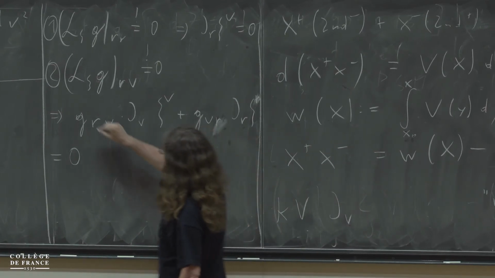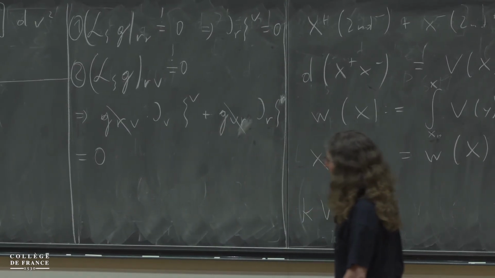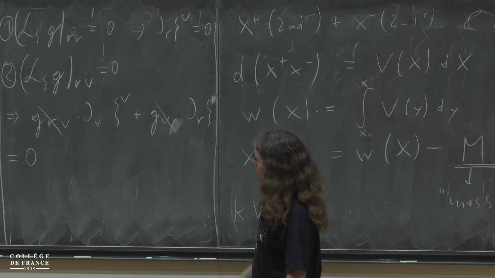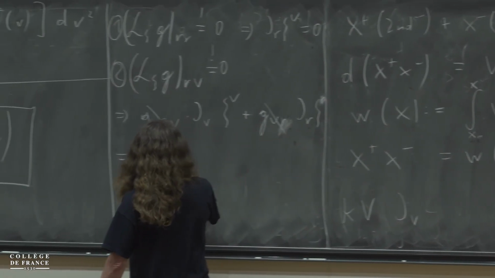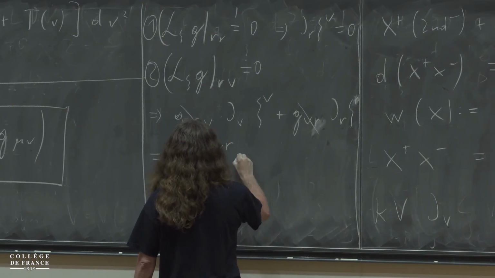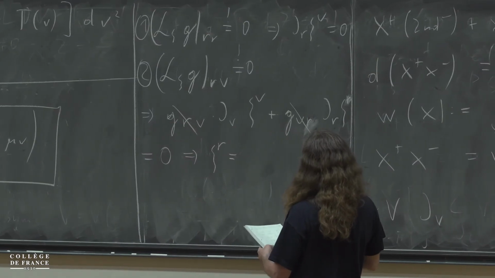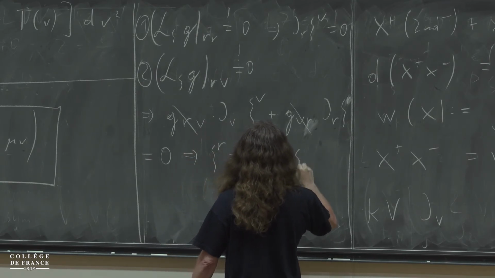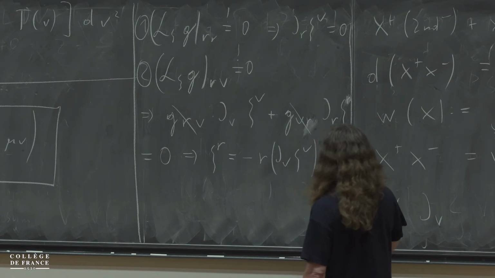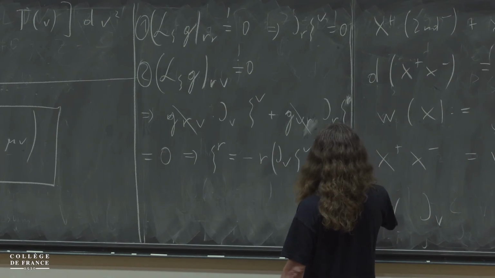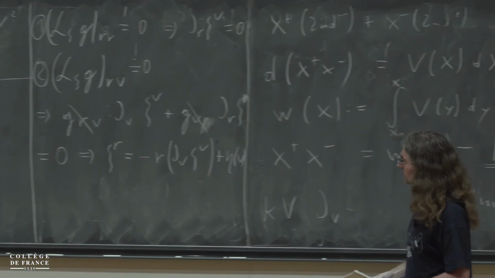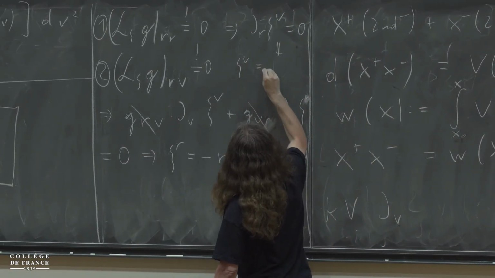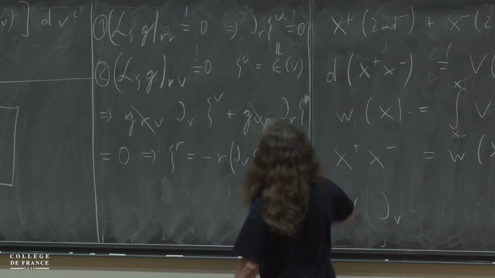And then we can divide by this, because this is just 1 anyhow. So we get the statement that dv psi v plus dr psi r is equal to 0. So we can solve this for psi r. We get psi r is minus r times dv psi v plus some integration function eta of v. And from the first equation, we know that psi v is just some function epsilon of v.